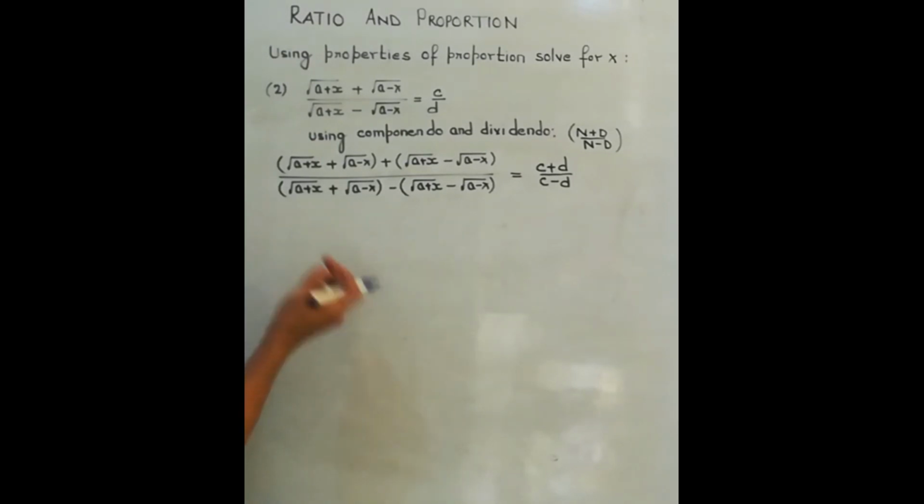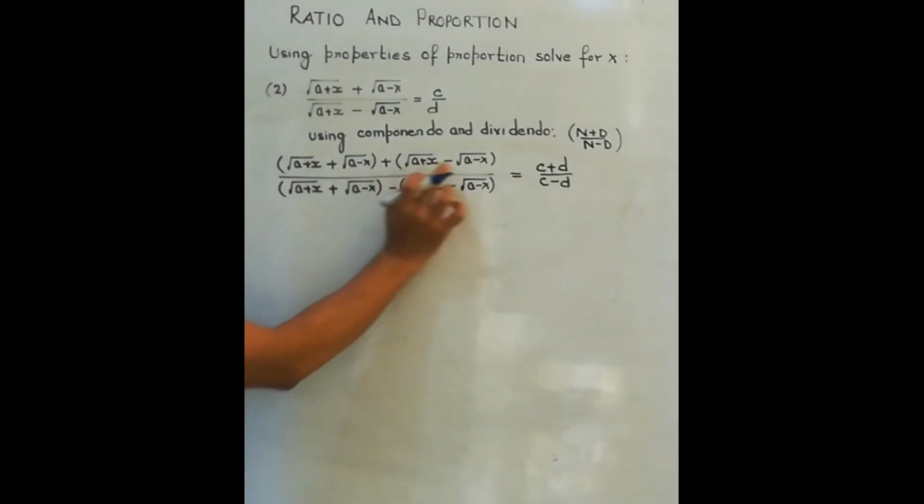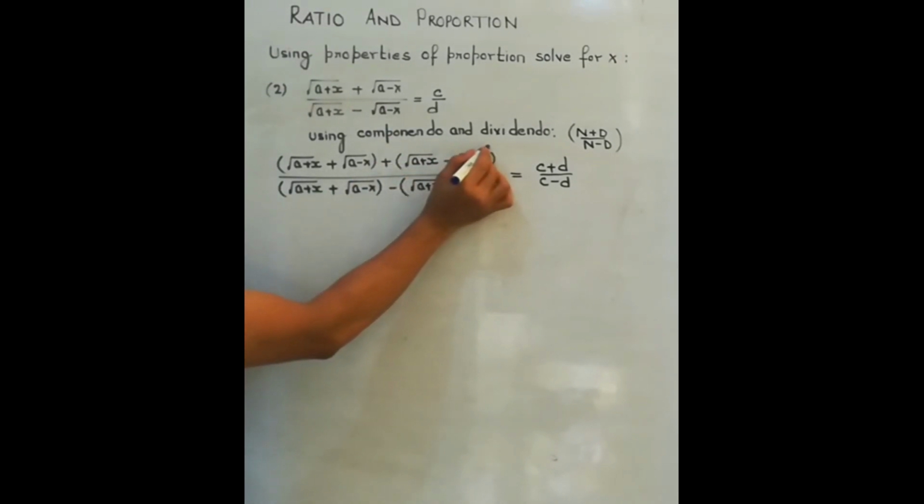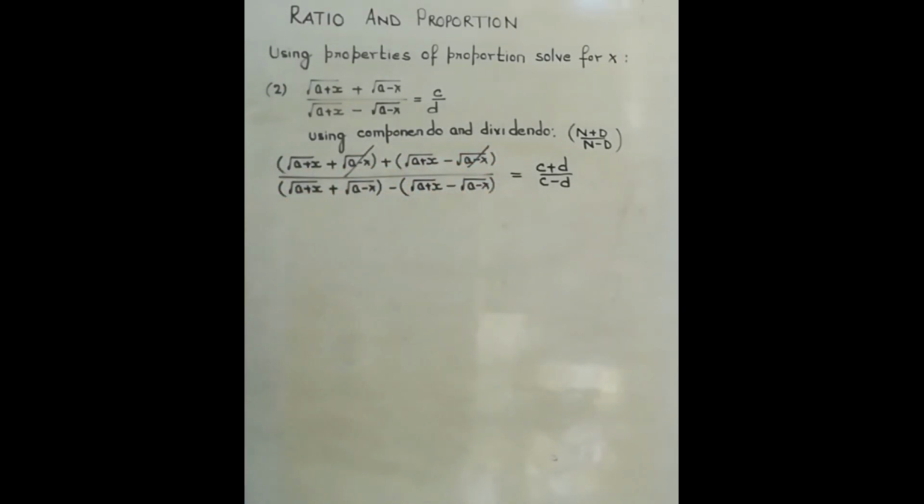Now when I open the bracket, I will get positive of a minus x and here I will get negative of a minus x. This will cancel out. In the denominator place, I will get positive of root a plus x and here I will get negative of root a plus x. So this will cancel out. Now root of a plus x and then again root of a plus x.